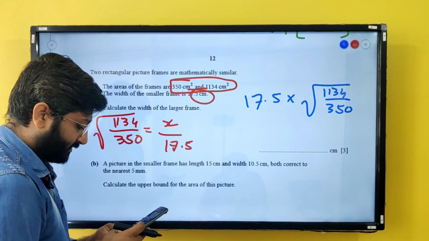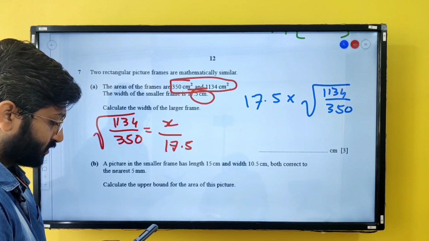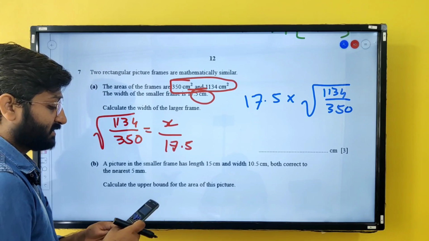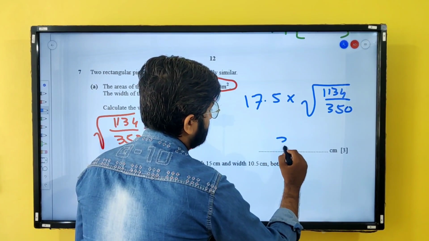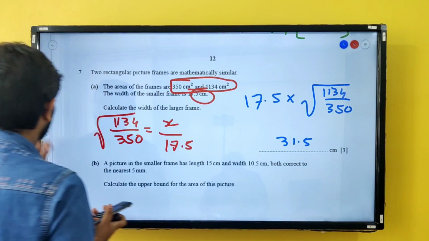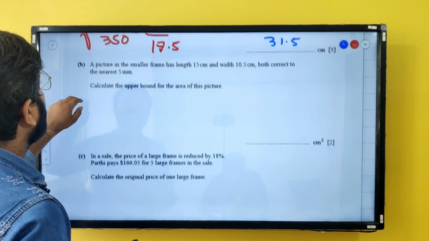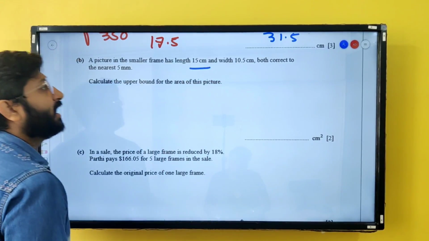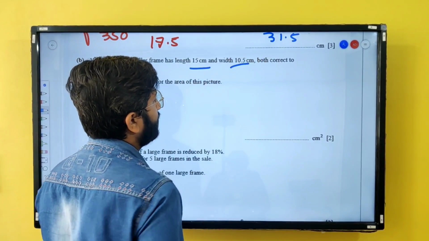So let me do that. 17.5 into the square root of 1134 upon 350. That gives 31.5.